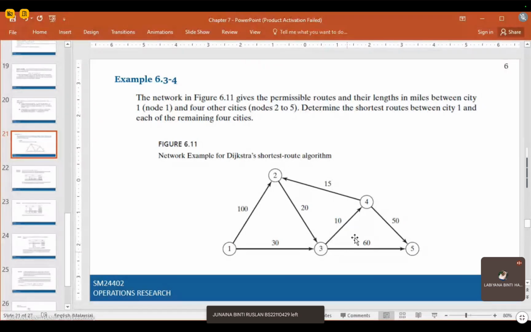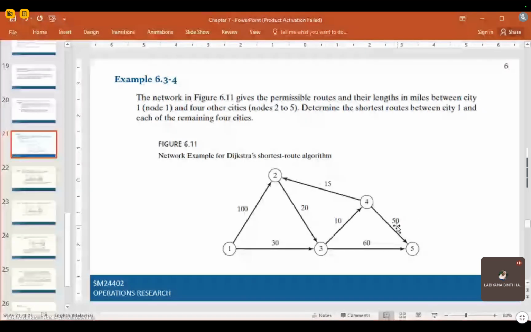So when we calculate, to connect between these two, it is just the same. If you look into this one, 3 to 4 to 5, 10 plus 50 is 60, and also you can go from 5 to 3 to 5, also 60.